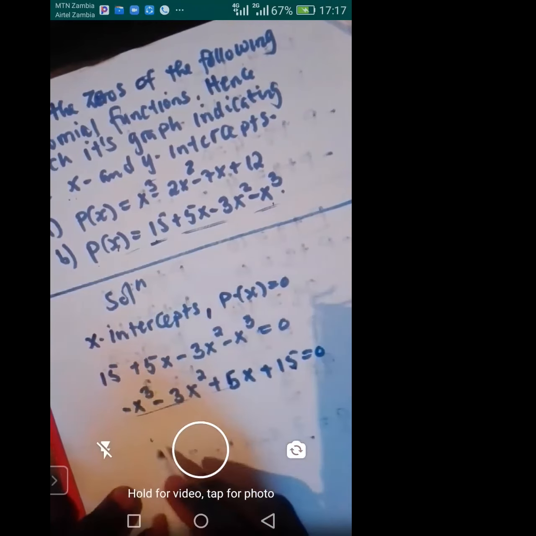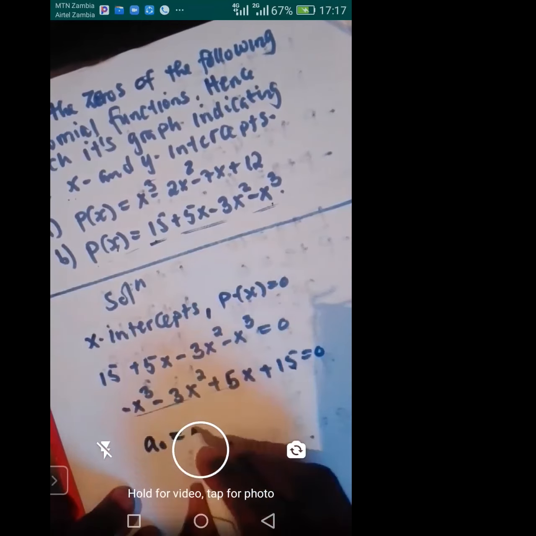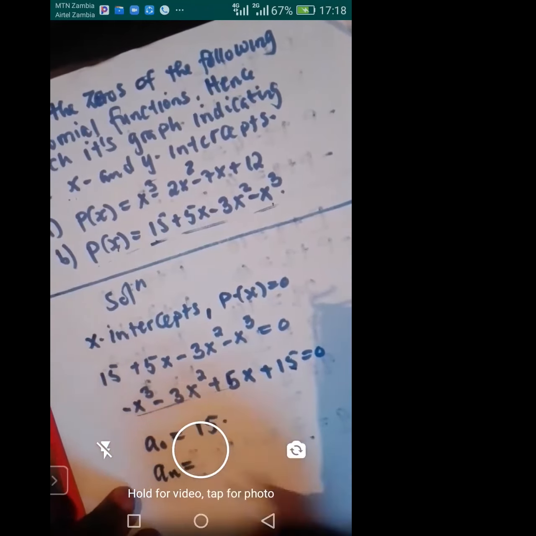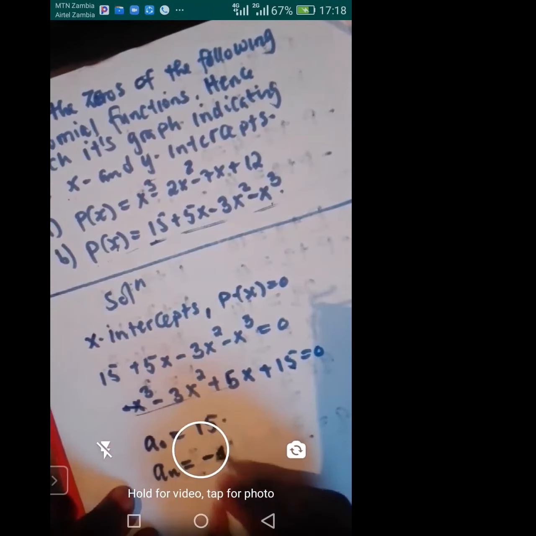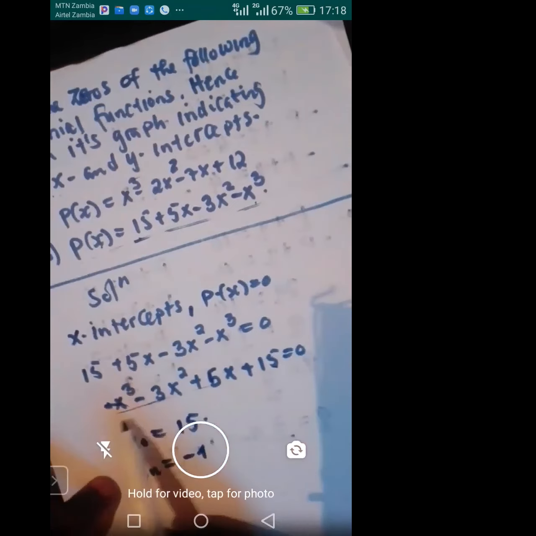So you first consider a naught, which is equal to 15, then an, which is the leading coefficient there, which is -1. So the possible factors of this polynomial lie here.